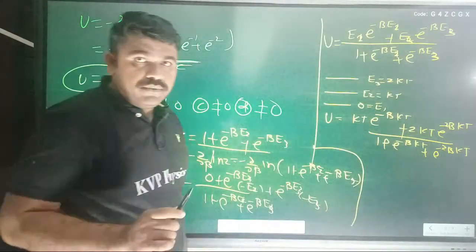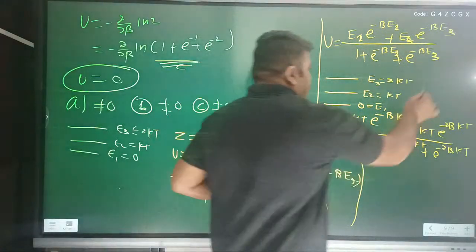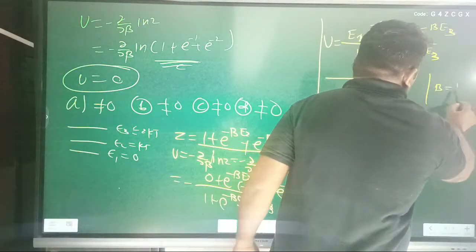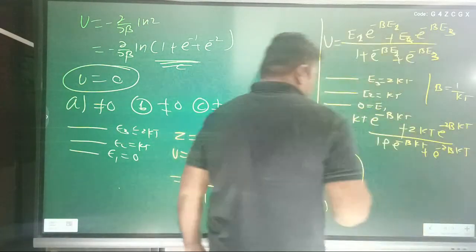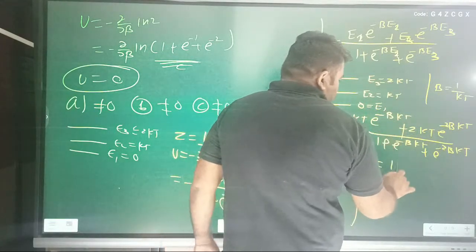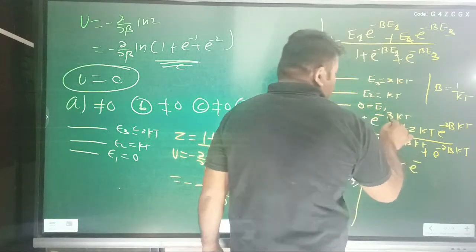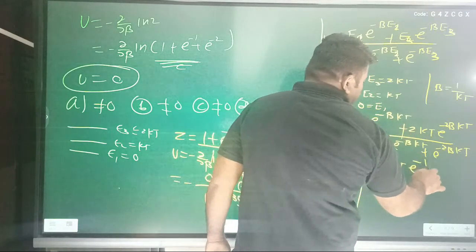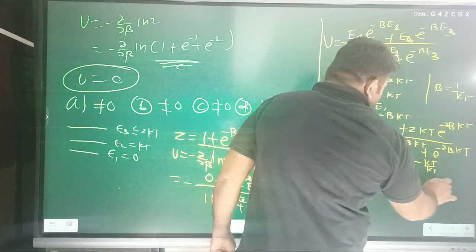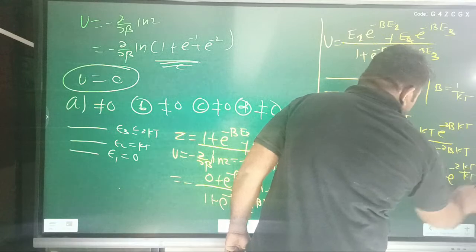Okay? We know that beta is nothing but 1 upon kT. Means U is nothing but kT e to the power minus beta, 1 by kT. Means kT upon kT. Second one, e to the power minus 2 kT upon kT. Beta value is 1 by kT.